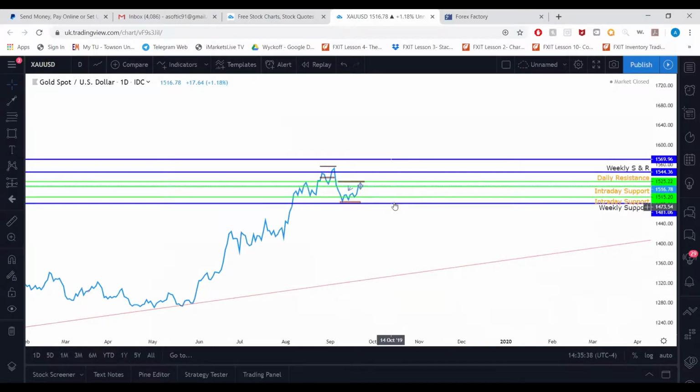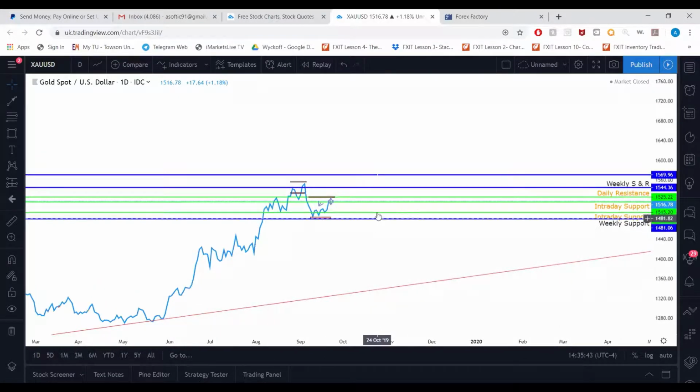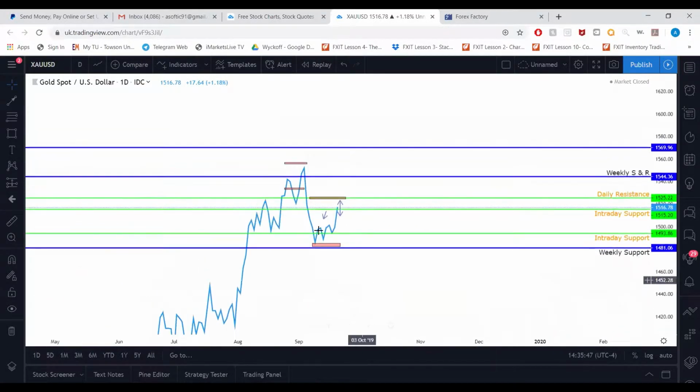And then I use a thick blue line, as you guys can see, for my weekly support and resistance, and for the intraday support and resistance, I use a bright green line.